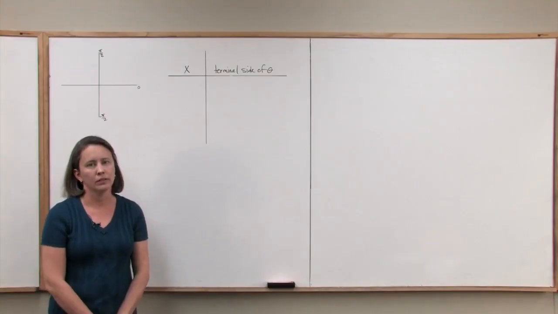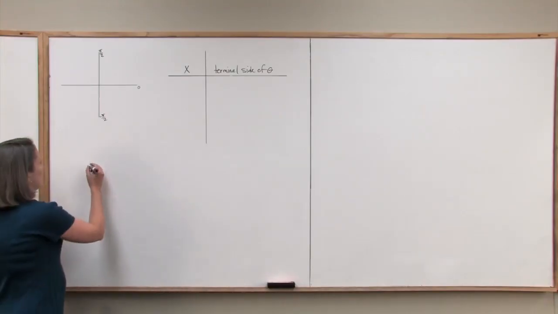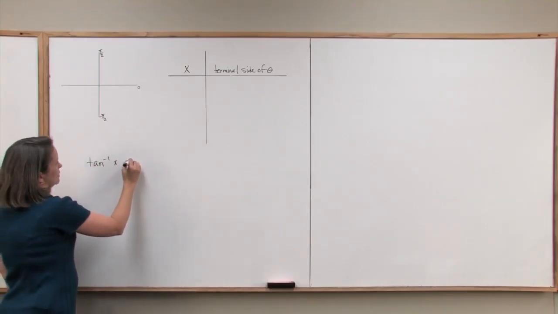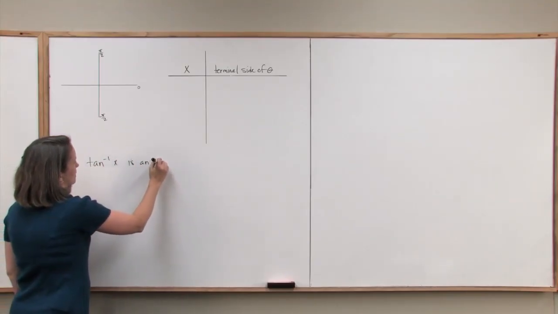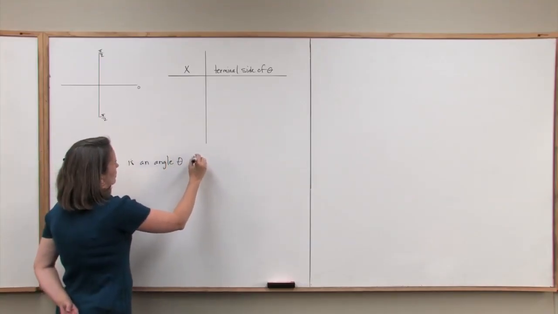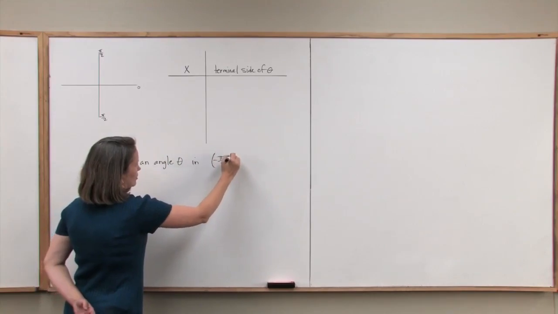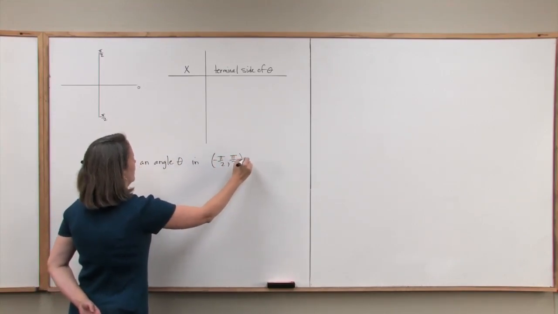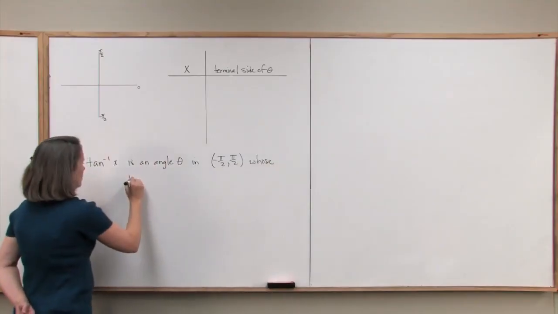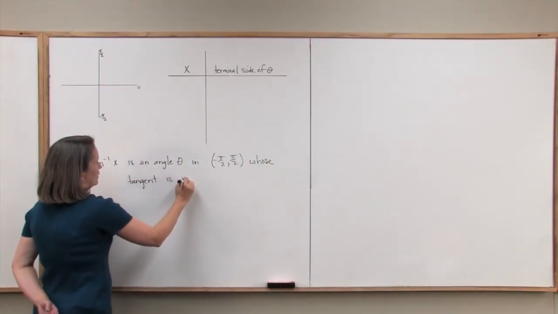Let's talk about using the inverse tangent function to find exact values. So from our definition, the inverse tangent of x is an angle, which we'll call theta, that is in the open interval from negative pi over 2 to pi over 2, whose tangent is x.